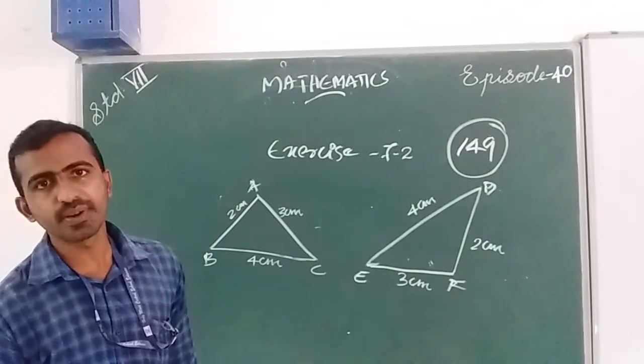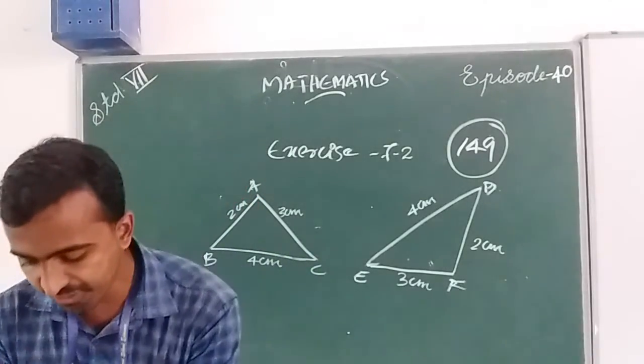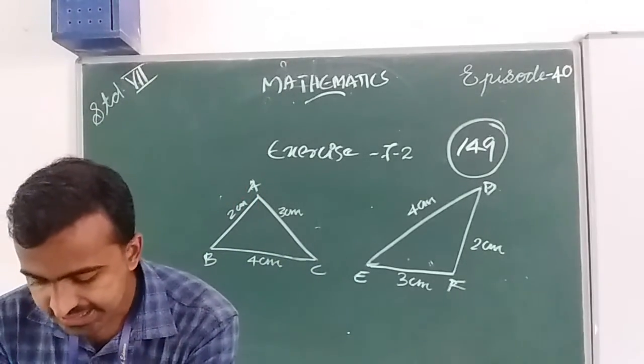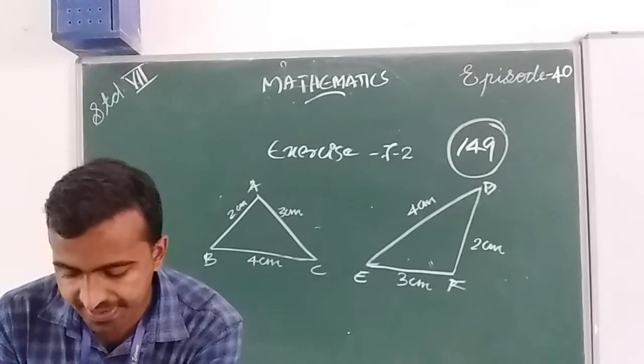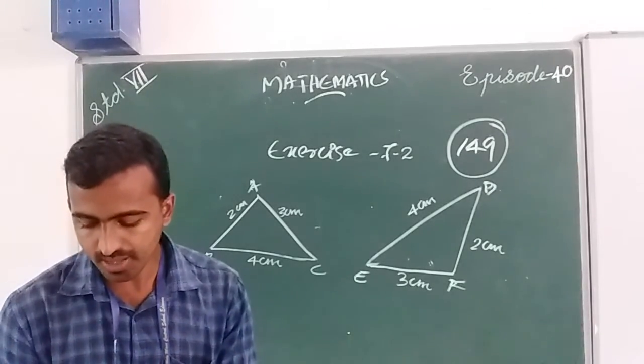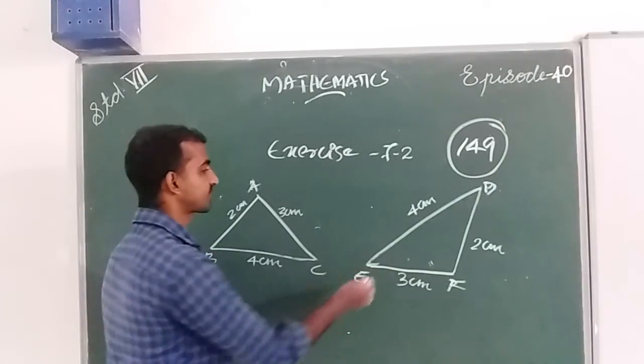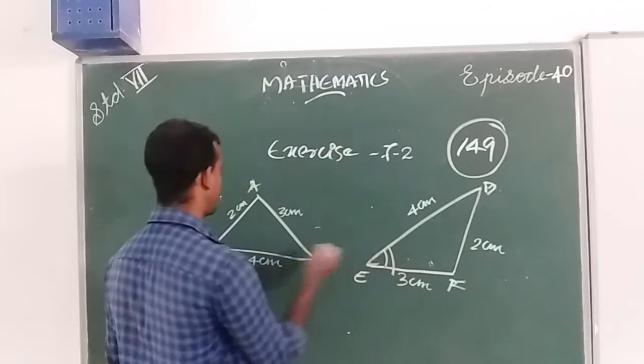And next is angle. One more time I am repeating the question: draw a rough sketch of two triangles such that they have five pairs of congruent parts, but still the triangles are not congruent.